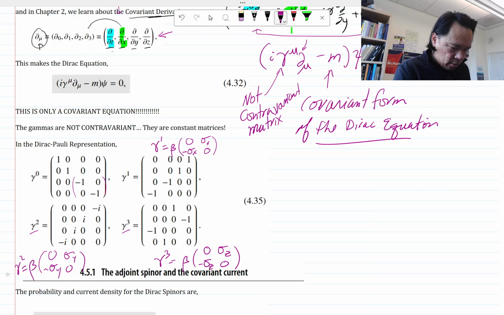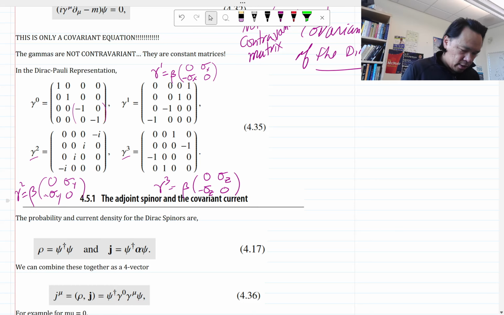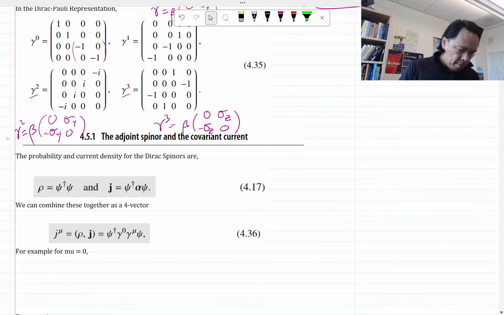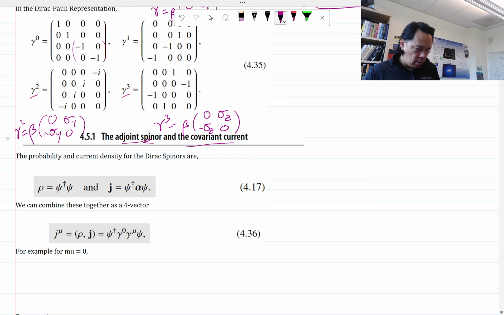So it is nice that you have this in the book somewhere, so you can copy it out, because we're going to use these matrices a lot until we get to the end of QED in the next couple of chapters. What we're going to talk about next is the adjoint spinor of this covariant current.